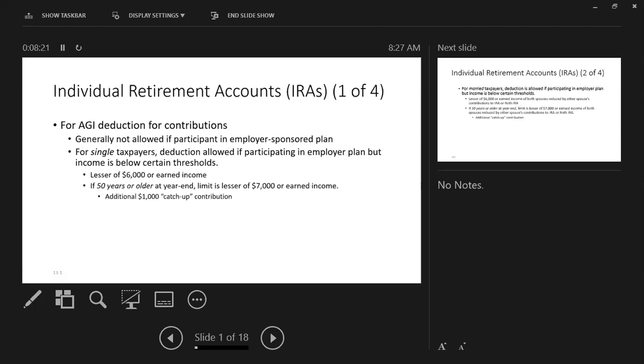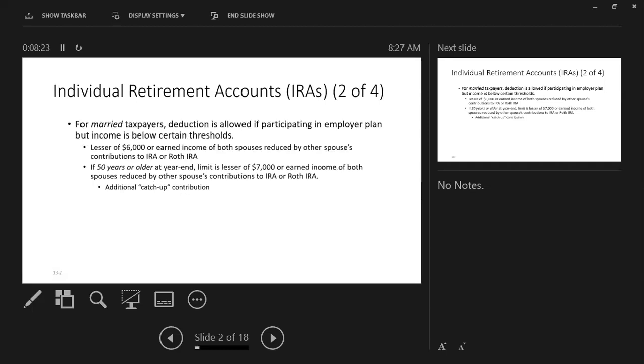The same thing applies to married individuals, but now you're looking at two separate individuals on the same tax return. They would both have their own traditional individual retirement accounts, and they can both contribute up to $6,000 or earned income.